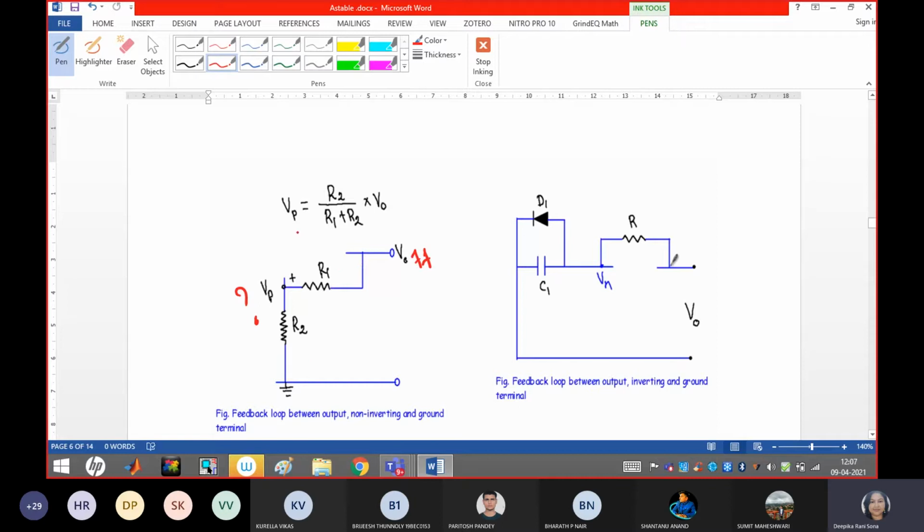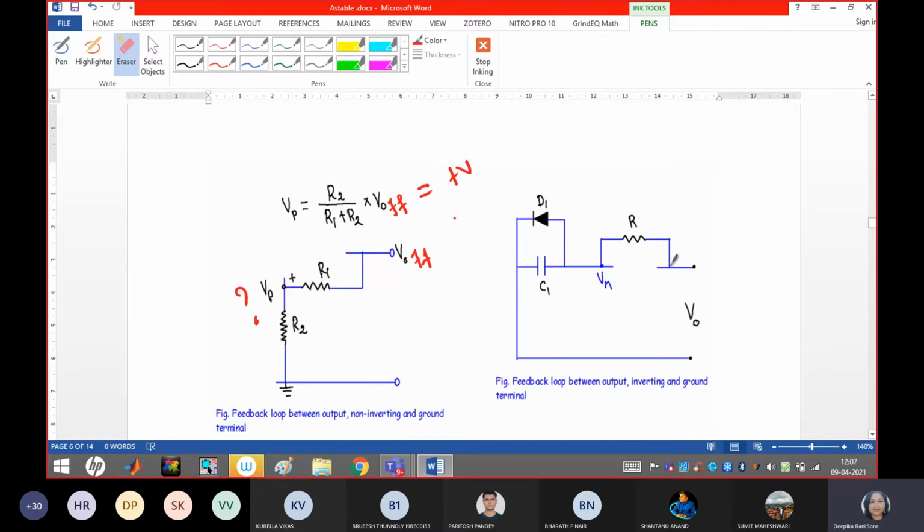So the equation for Vp can be written as V0 into R2 divided by R1 plus R2. Now my V0 is the offset voltage, and this offset voltage is positive. So my Vp is also a positive voltage.